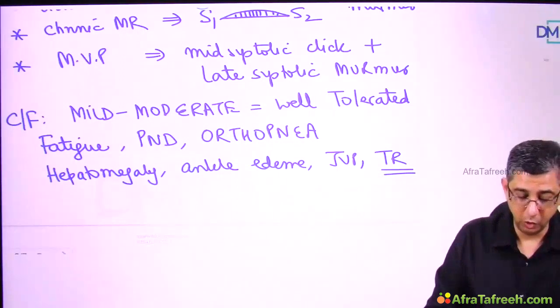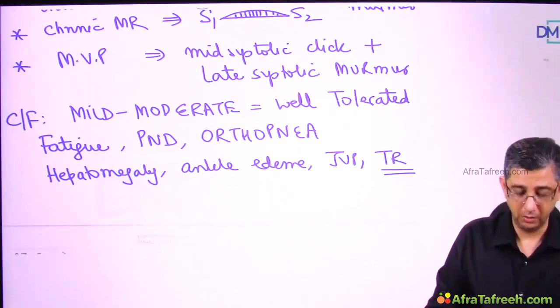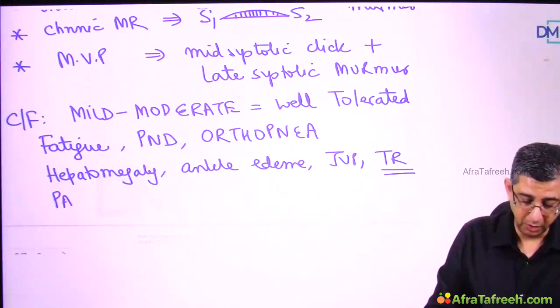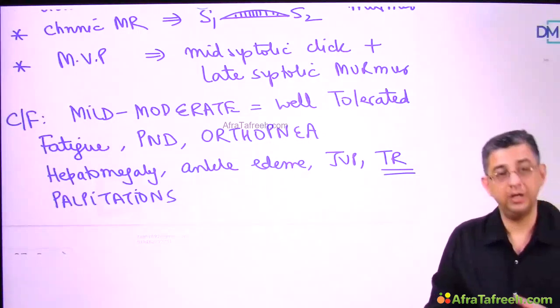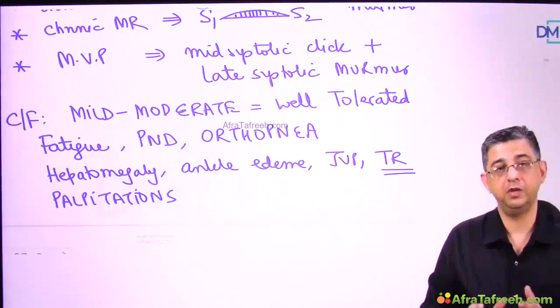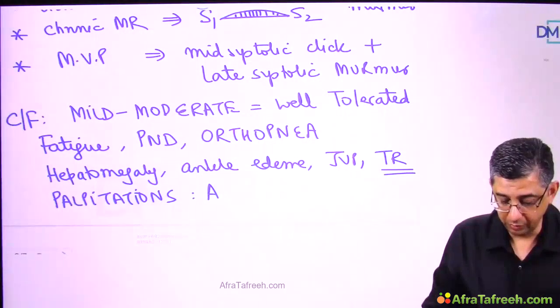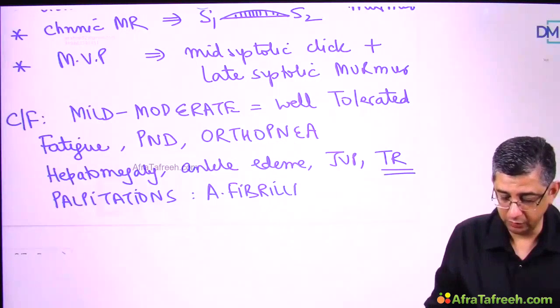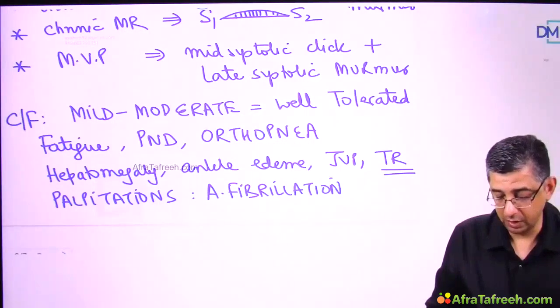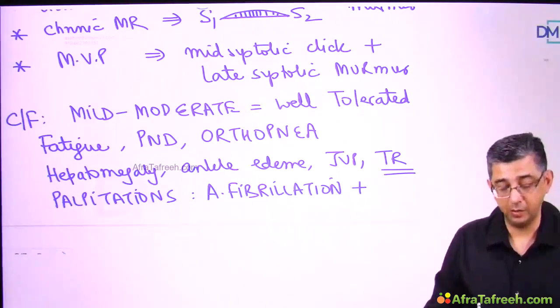In these patients, you will also be able to read regarding development of palpitations. That is because the left atria is structurally dilated. The dilated atria will start developing atrial fibrillation, and therefore anticoagulation in these patients will be required on the basis of CHA2DS2-VASc score, because otherwise embolic stroke manifestations could occur in the patient.